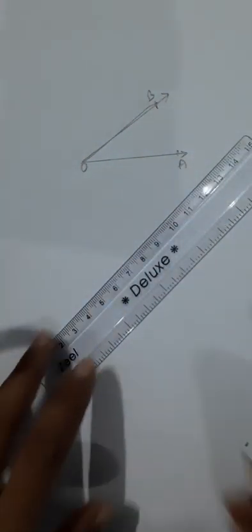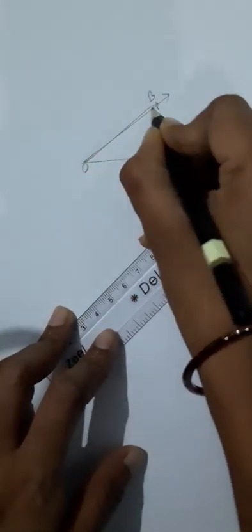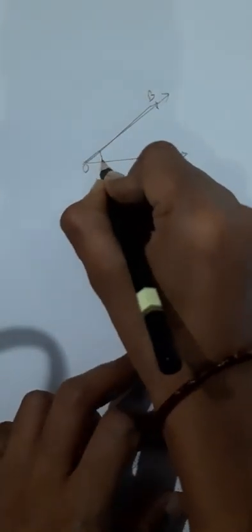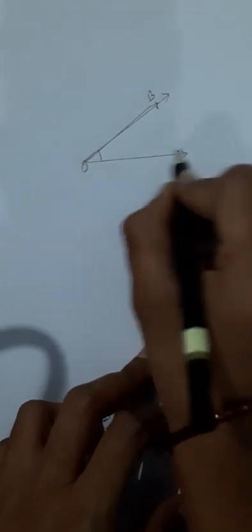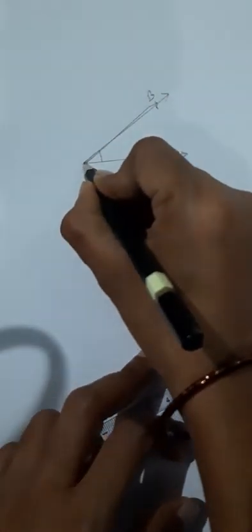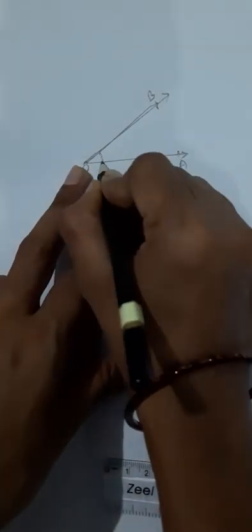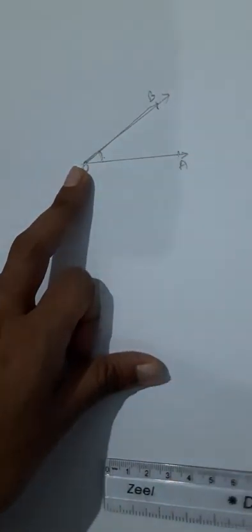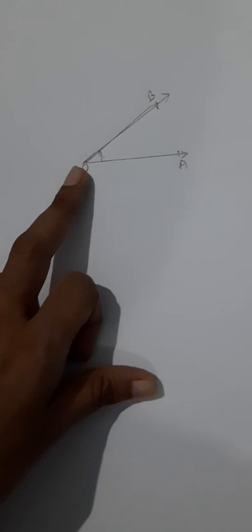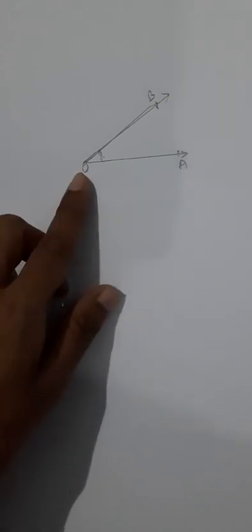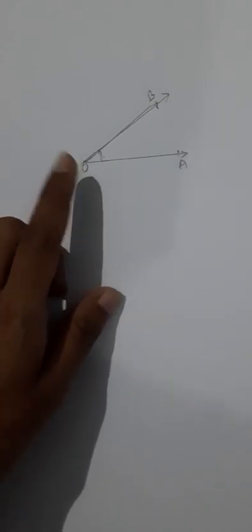When two rays start from a single point, they form an angle. So OA is a ray, OB is a ray, has a common point called O. So they form an angle. So this is an angle. When two rays in different directions start from a fixed point, an angle is formed.